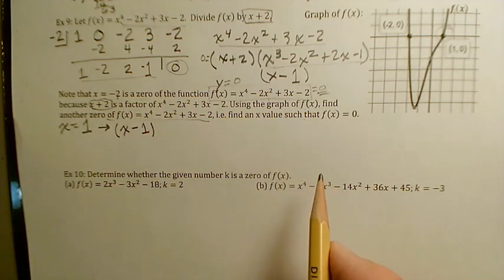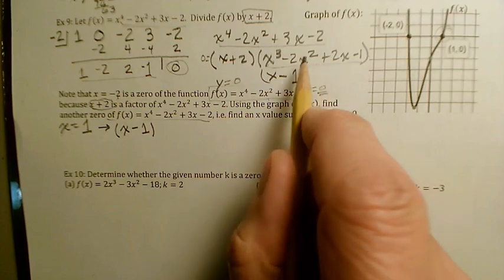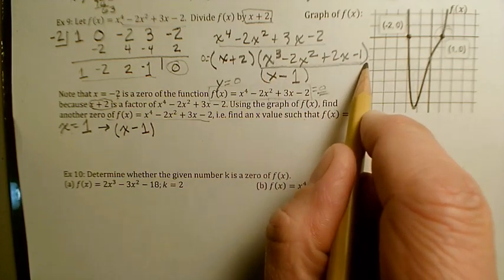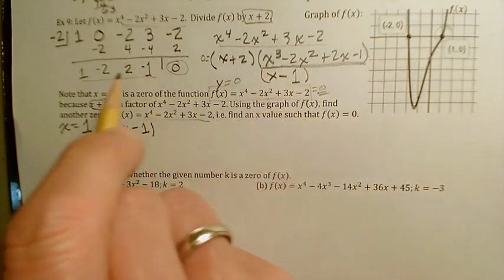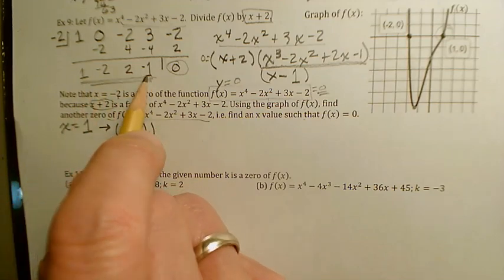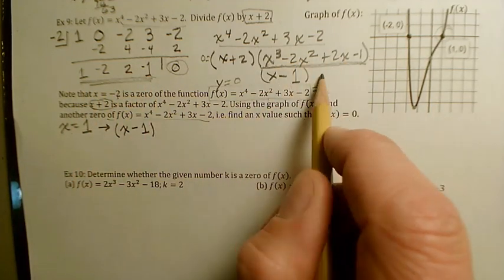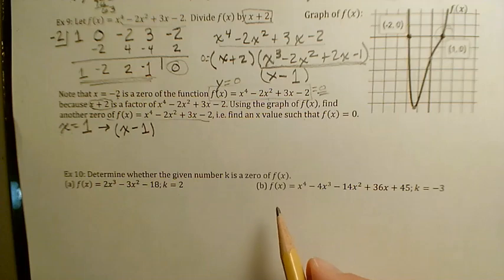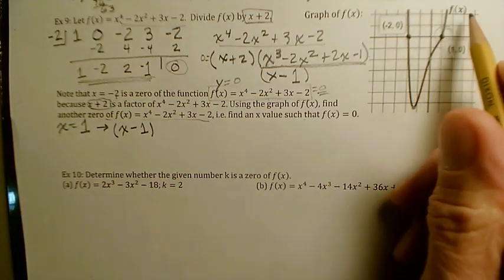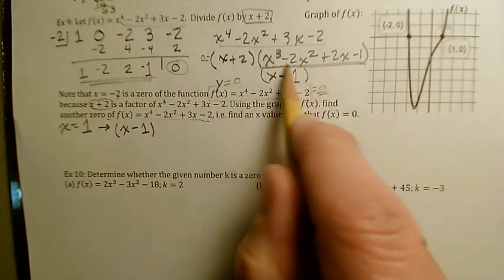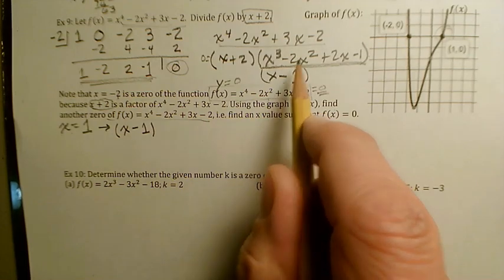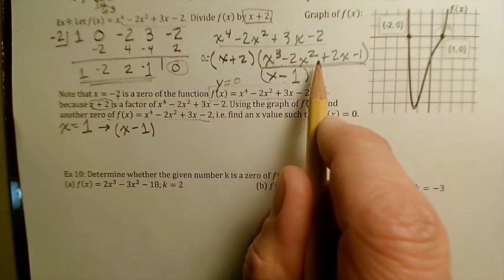All right. So let's take this polynomial, the depressed polynomial from the previous part of the problem, and let's try to factor it by finding its zeros, right? Now we know this is a 0 of the original thing, so we know that x minus 1 will be a factor in there.